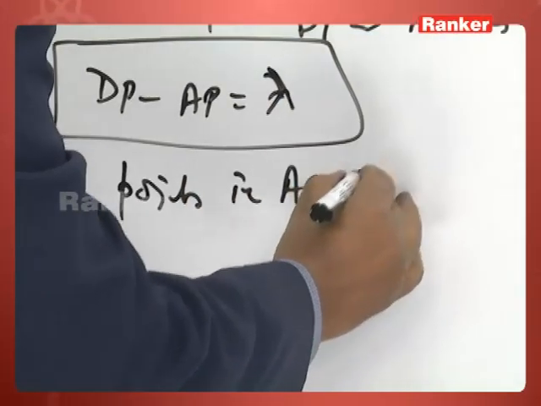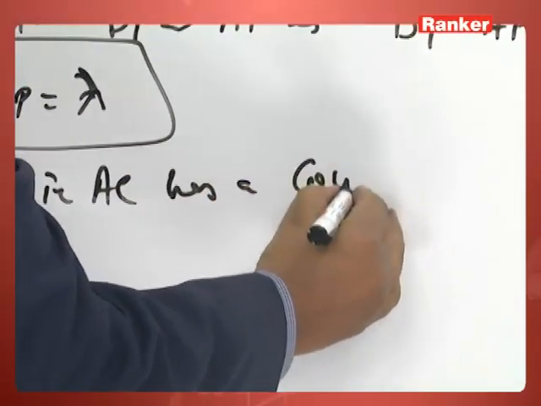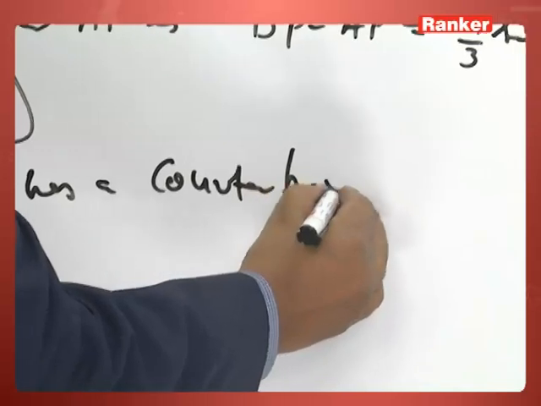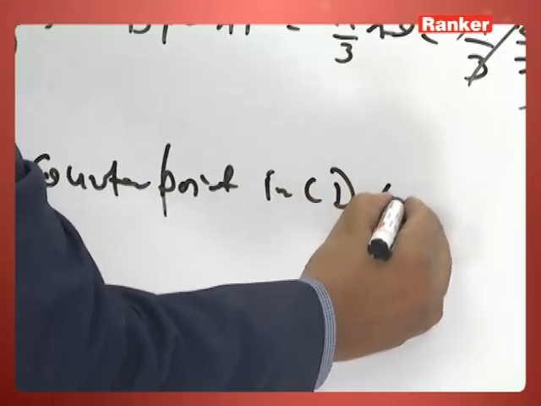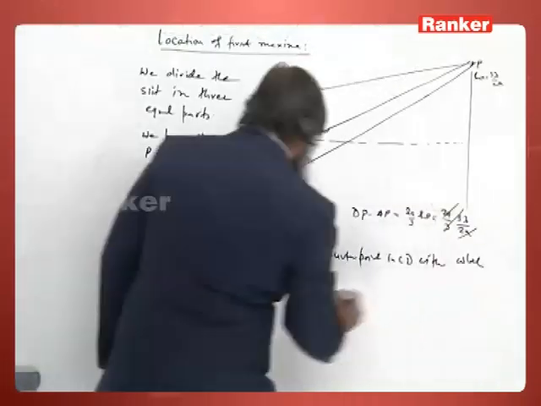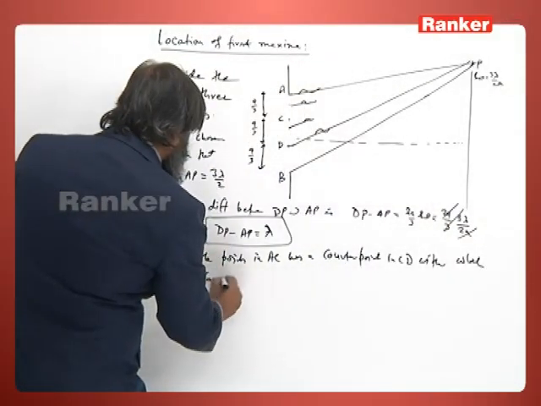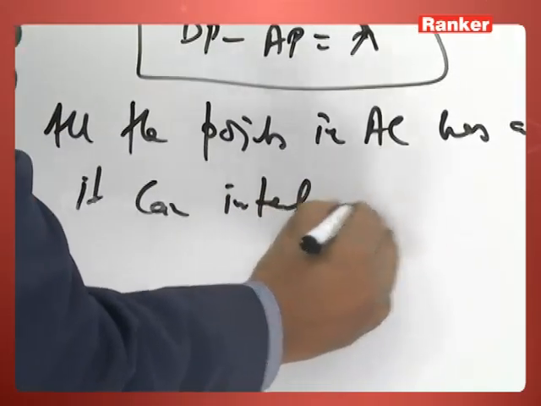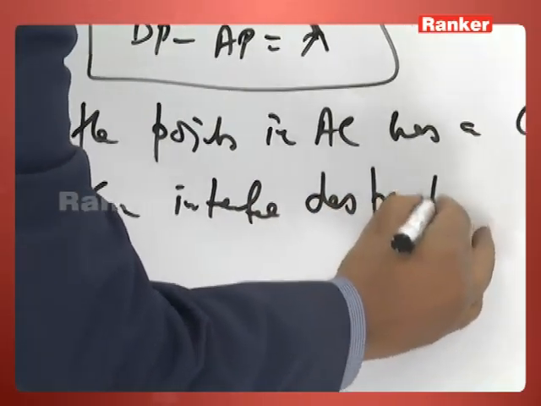AC have a counterpoint in CD with which it can interfere destructively.